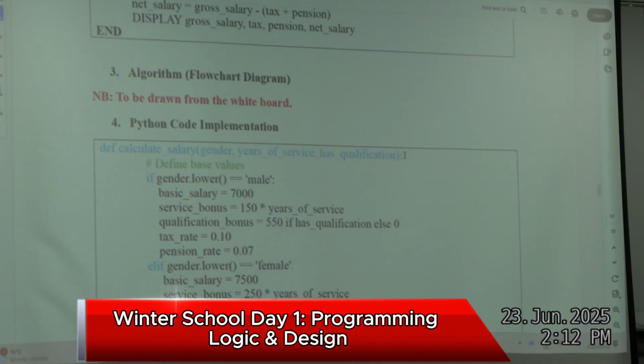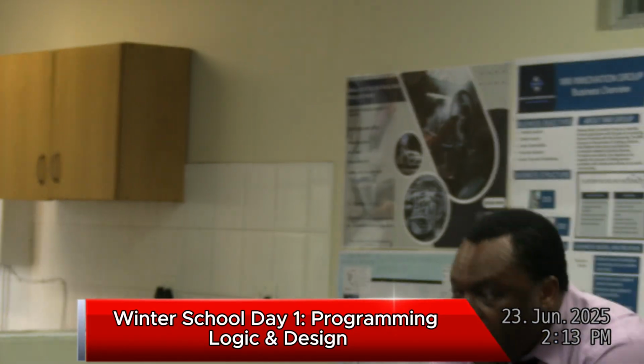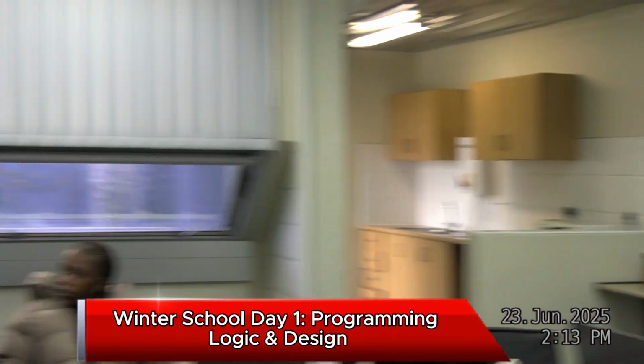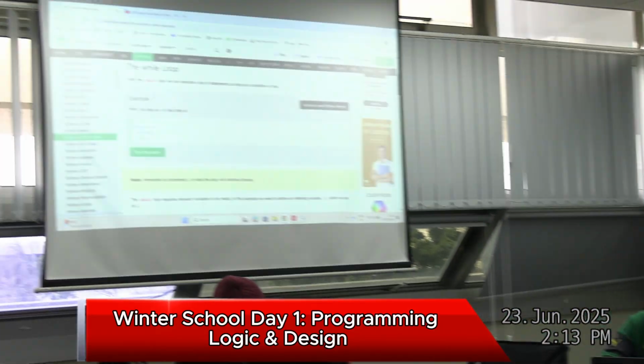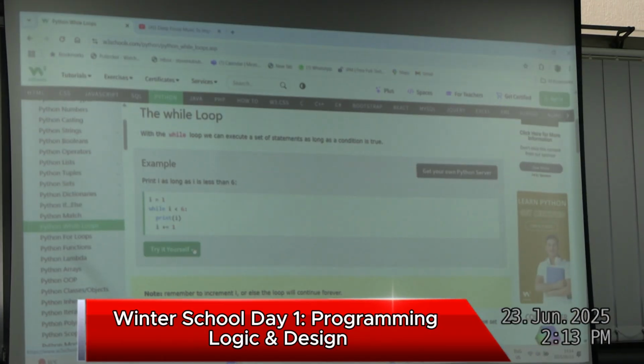If the colon is not used at the end of the function, you run with an error. Other programming languages use curly brackets, but with Python, we use a colon. This is what a student asked me, a question of how to identify an error. In Python, we press tab once. Once I'm inside of this program, I have to press my tab once. Look at this. For instance here, that was a while loop or something like that.